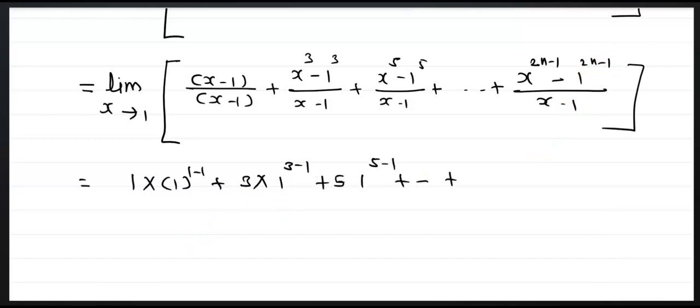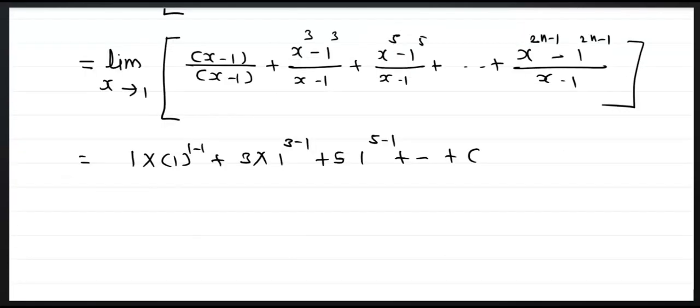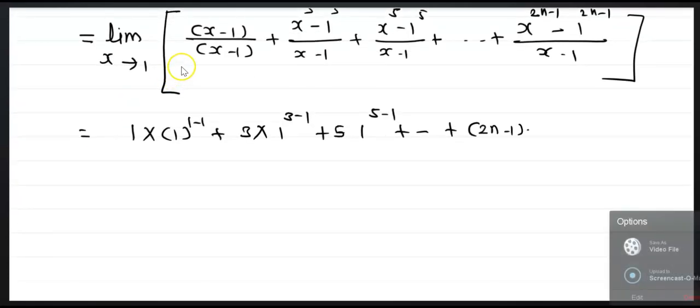And if we apply the formula for each term, then you will get 1 into 1 raised to 1 minus 1 plus 3 into 1 raised to 3 minus 1 plus 5 into 1 raised to 5 minus 1 plus dash dash plus 2n minus 1 into 1 raised to 2n minus 2. Now see this here.